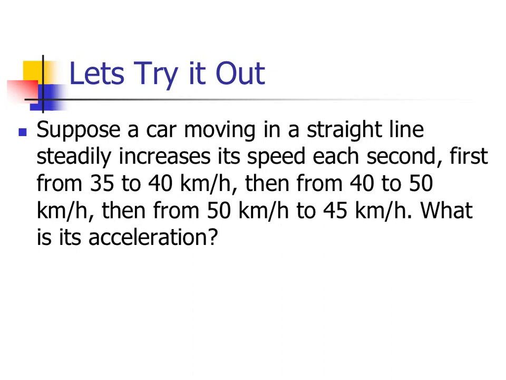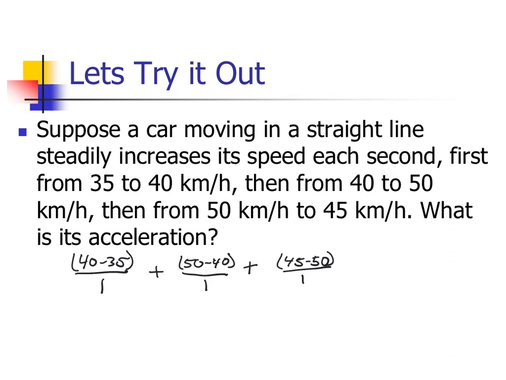So, how does that look? Let's take a look at how this one might be done. For the first one, we would have 40 minus 35 in 1 second. Then we would add that to final minus the initial of the 40 to 50, that happens in 1 second. Then we would have the 50 to 45, that happens in 1 second.